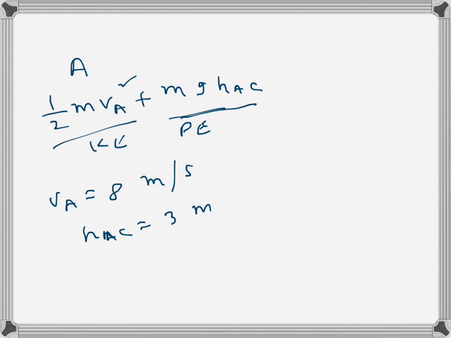So we have to find the velocity at point C. The potential energy at point C with respect to point C is of course 0, because the height is 0. What we wrote for position A is the potential energy with respect to position C. So at C the kinetic energy will be half m vC squared, and the potential energy will be 0.